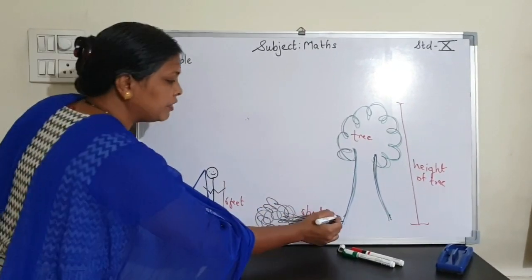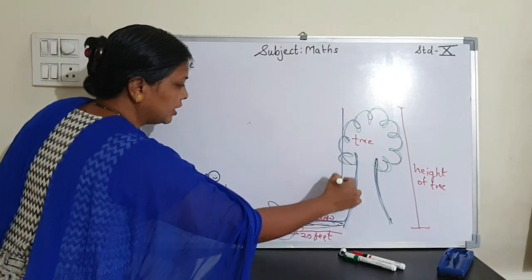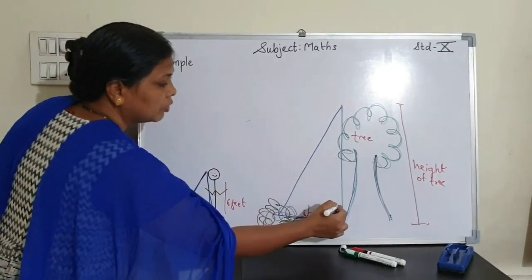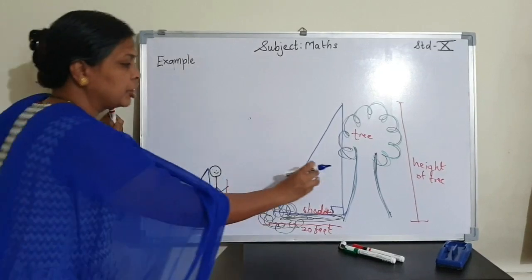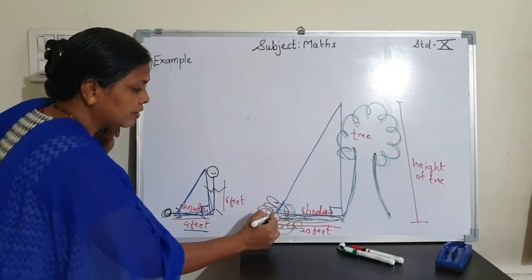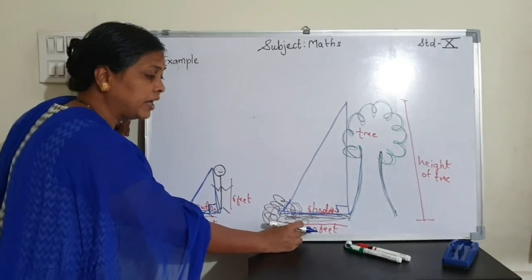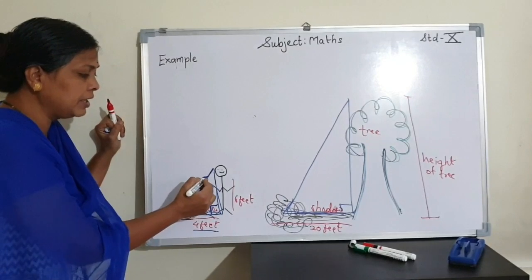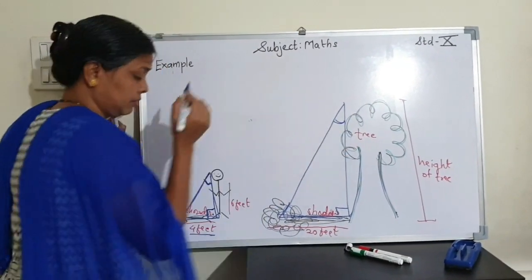Now similarly we will relate this tree in this measurement. Like if this horizontal distance is 20 feet, what will be the vertical distance? Now you can see here, this angle is equal to this angle.